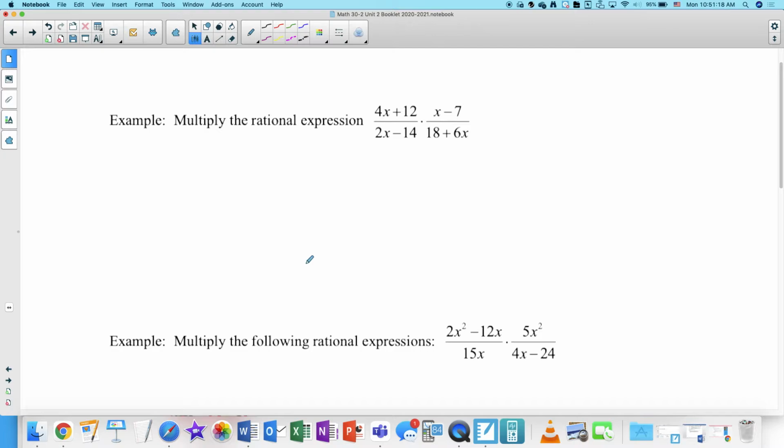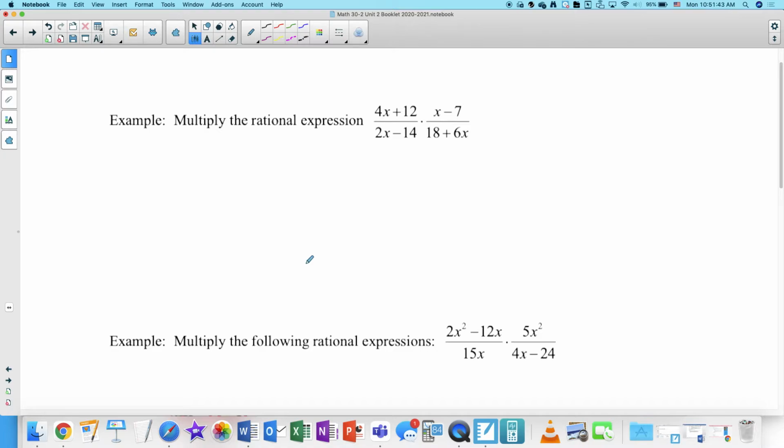All right, so in this example, what do we have to do first here? I'll give you a hint. It's the first step for anything with rational expressions. Factor, yeah. Okay, so numerator of the first guy, 4x plus 12. How can I factor that?